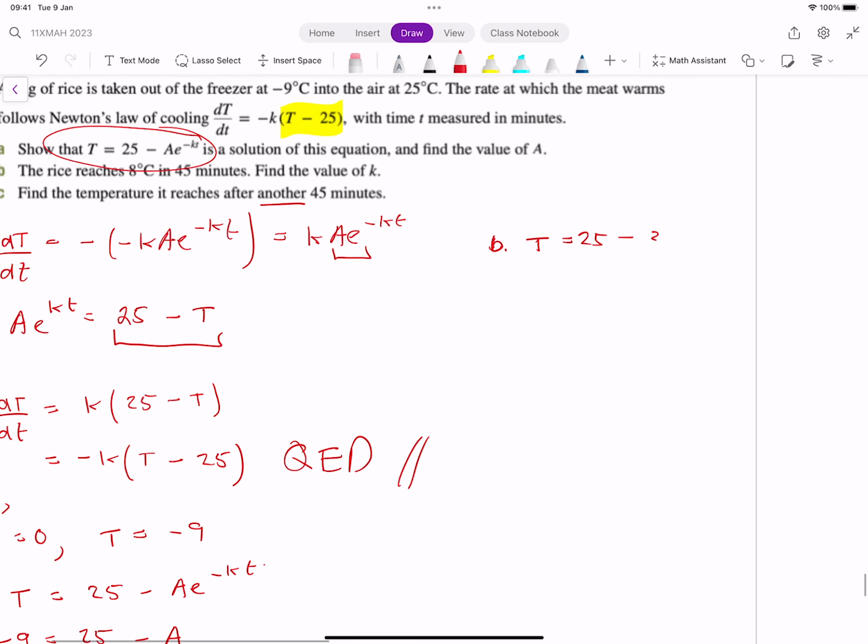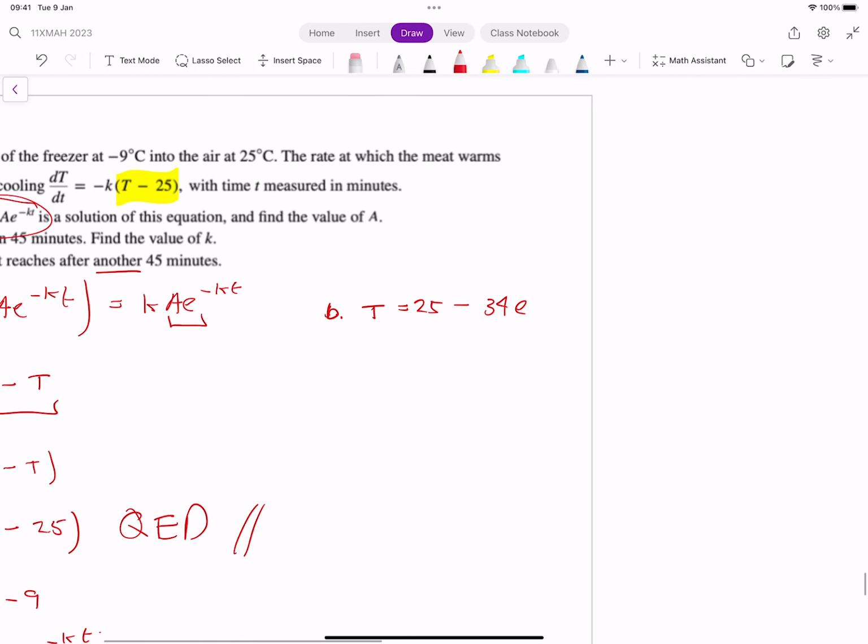Yep, 34e to the minus 1 on 45 ln of a half, and we're timesing that by 90. So we type that in, 25 minus 34e to the power of minus 1 on 45 ln of a half times 90, and we get minus 111.